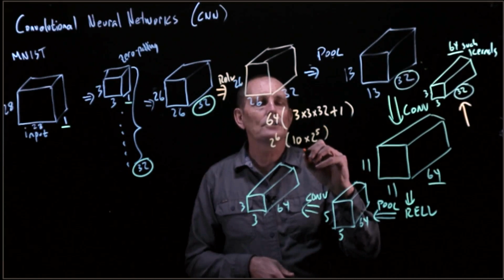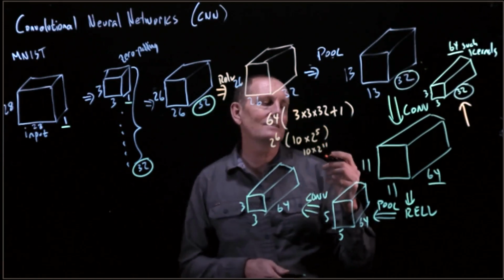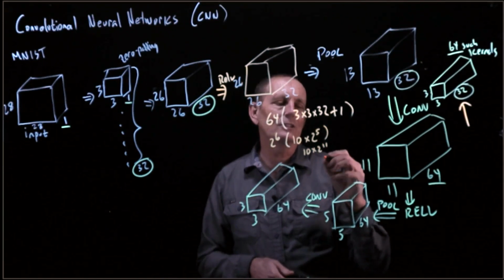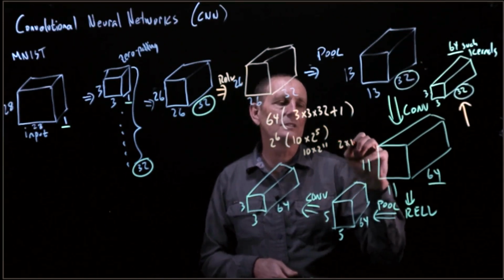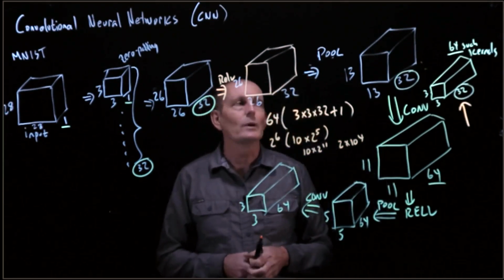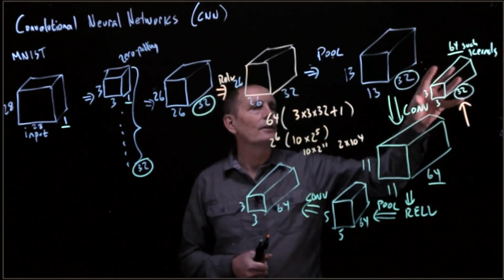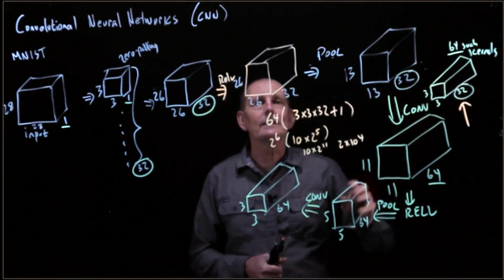So that's around 10 times 2 to the 11th. 2 to the 10th is about 10 cubed. So that's around 2 times 10 to the 4th. So we have about 20,000 weights at this layer. And we could calculate then the number of weights at any given layer.